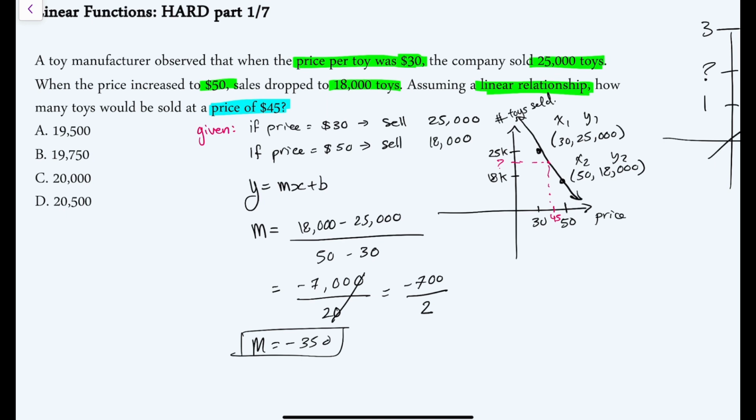And now, using the methods we've seen before, we need to figure out what the equation of the linear relationship is, right? So we plug in one of the points. Let's say we choose the point 30, 25,000. We say, okay, y is equal to negative 350 x plus b. So plug in 30, 25,000, and we do this in order to find b.